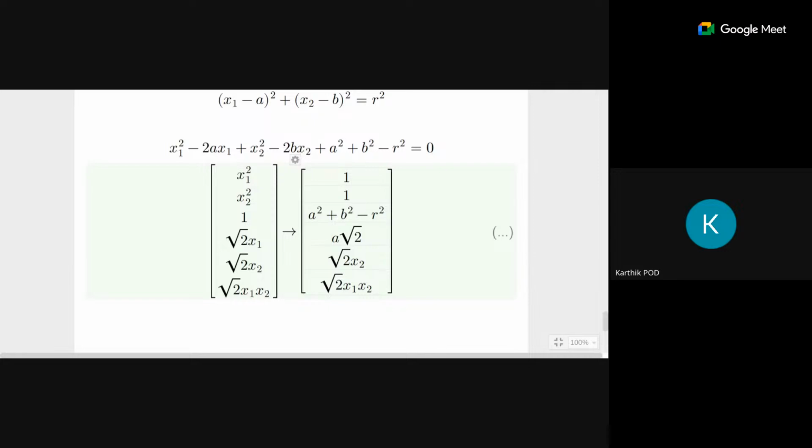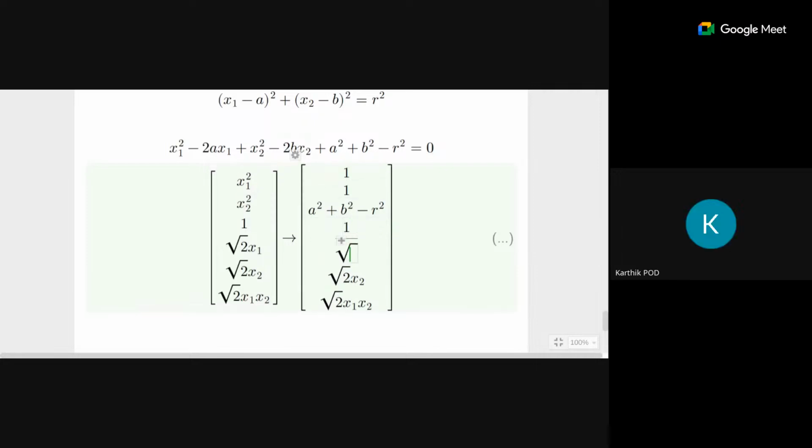No, so I finally need minus 2a x1, so I need to get rid of the root 2 somehow. So I just divide by root 2 and minus 2a, so if you multiply you will get minus 2a x1, right?